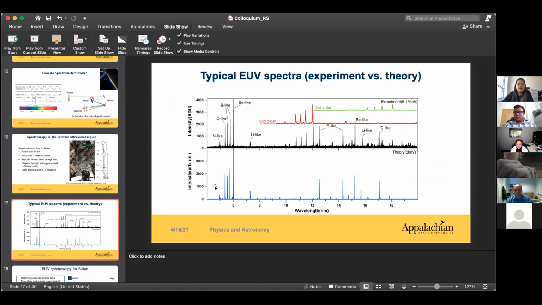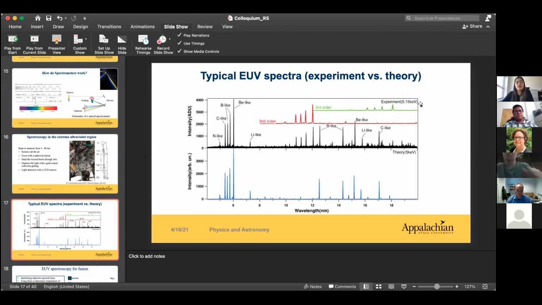A typical extreme ultraviolet spectrum that is collected looks something like this in the black. Here I'm showing you an extreme ultraviolet spectrum that was collected for yttrium at an experimental energy, which corresponds to the kinetic energy of the electrons.